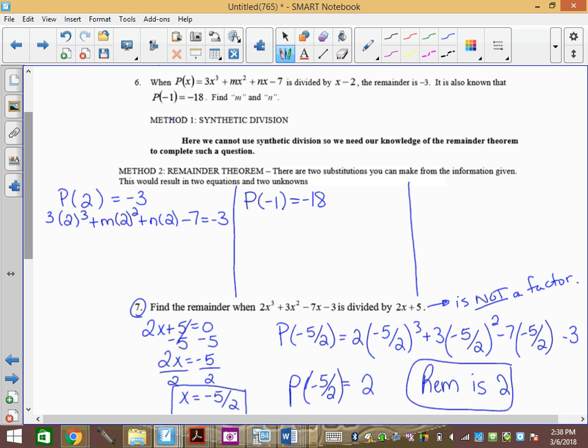2 cubed is 8. 8 times 3 is 24. 2 squared is 4. 4 times m, 4m. Plus 2n minus 7 equals negative 3. I want to keep these on this side and move everything else to the other. 24 minus 7 is 17.